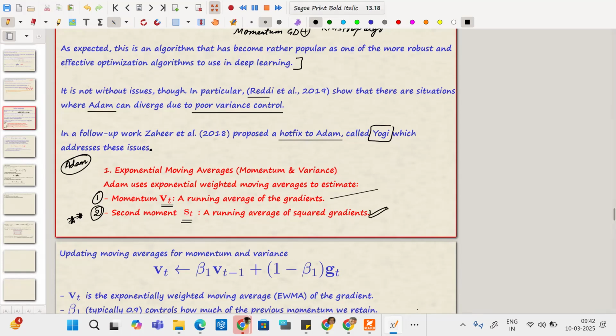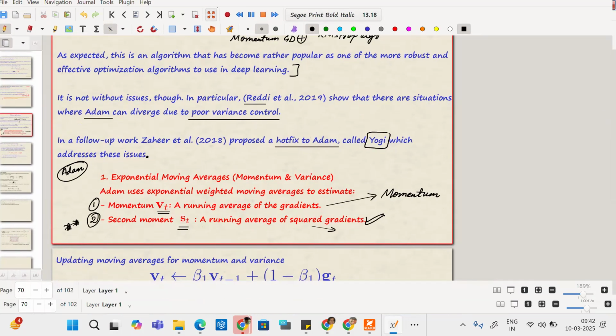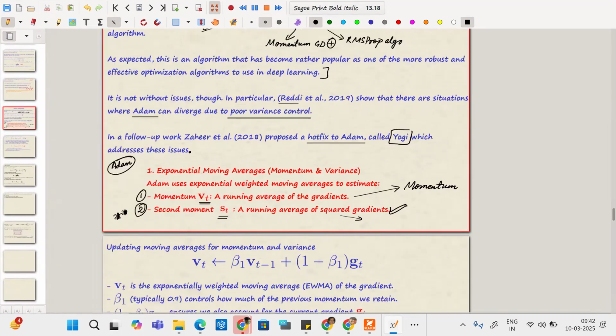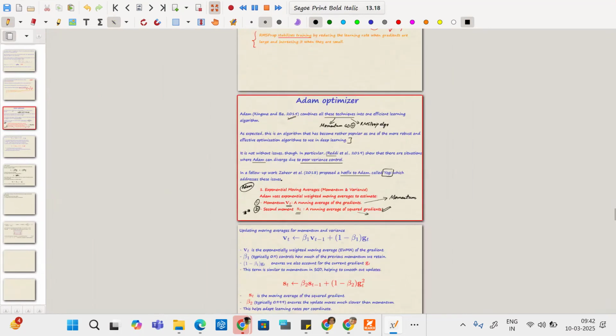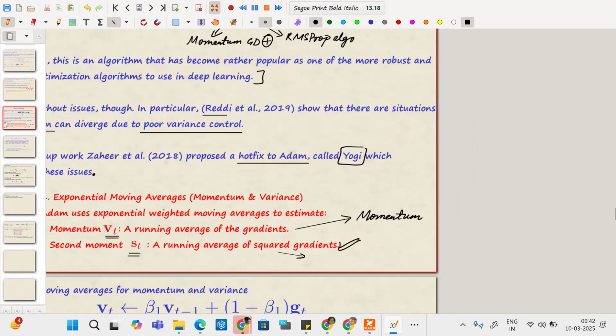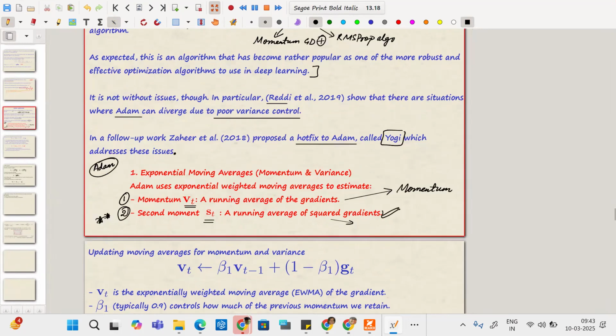So this is momentum, which you should remember when you take Vt. And when you take a running average of squared gradients, it should remind you of RMSProp.